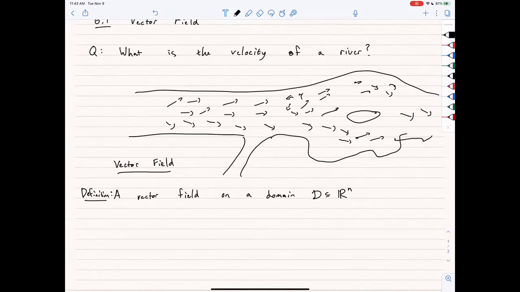Generally we're thinking of n as 2 or 3 dimensions, but we can really do it in any dimension. It's an assignment, a function, of points in D to vectors in R^n.